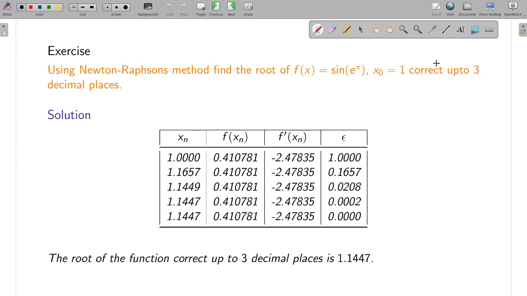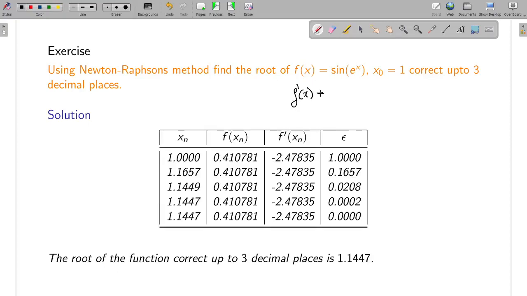This is what you would do. You start with x naught, and compute the value of f of xn. So this will be simply sine of e raised to 1, or sine of e. Then you find the derivative of f.